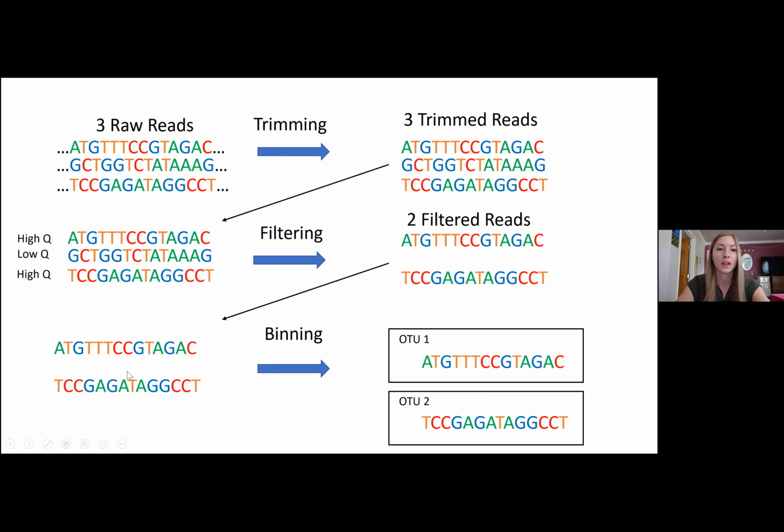So then, after we have filtered and trimmed our reads, we bin them into OTUs. Remember, reads that are similar are binned into the same OTU, and reads that are different are binned into different OTUs. In this case, our 2 strings are quite different from each other, so they are binned into 2 different OTUs.